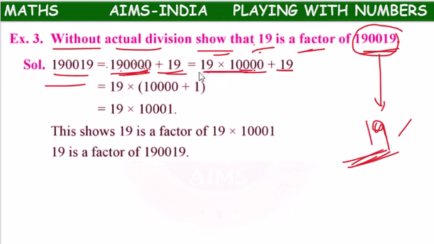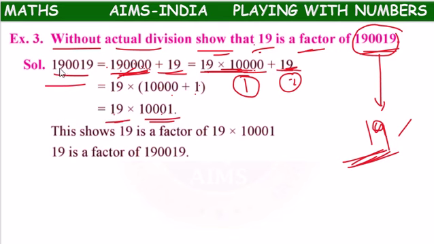Now this is the first term, this is the second term. In these two terms, 19 is common. 19 we can take out. So 19 into (10,000 plus 1), that is 10,001.